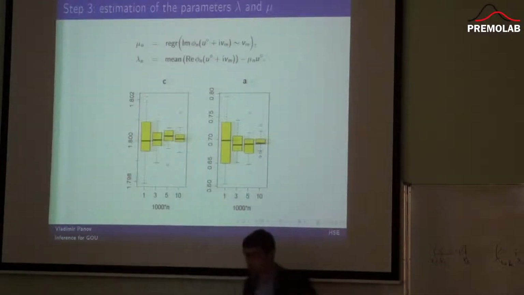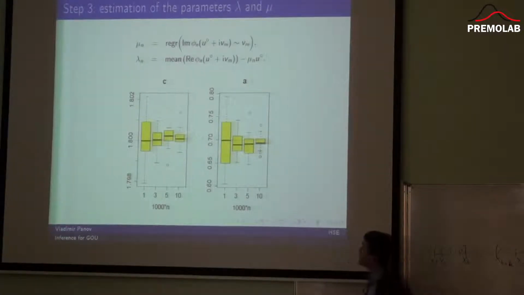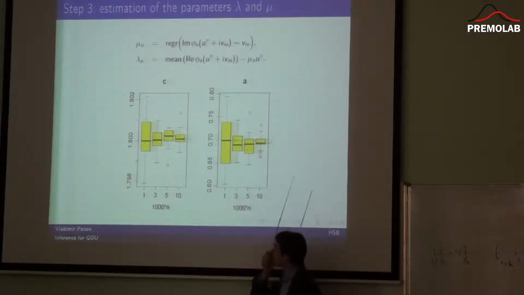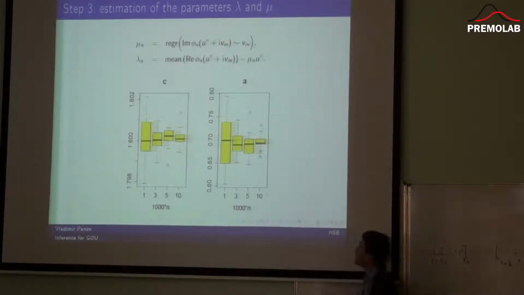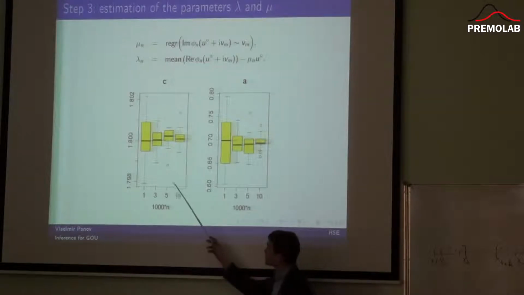Next, we are trying to estimate the parameters mu and lambda. Here is an illustration, a box and whiskers plot, for the first case. And we get that our procedure works very well.